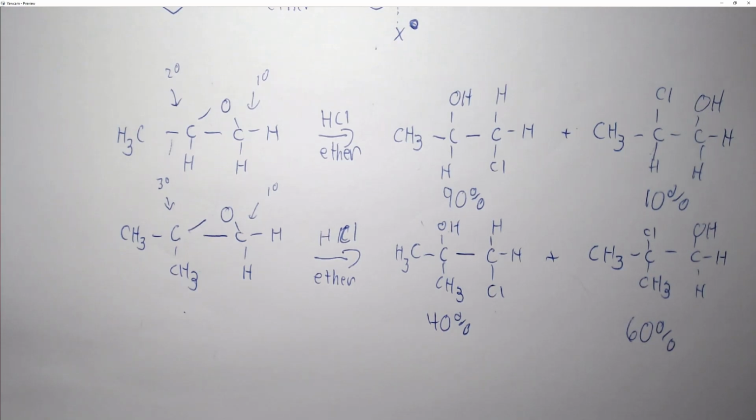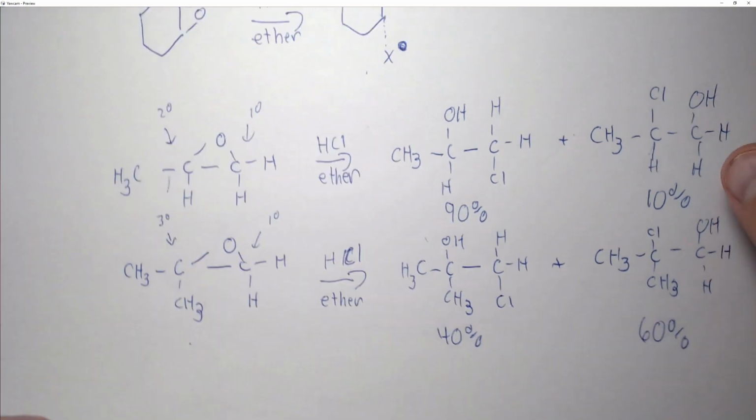And if you combine this with the secondary versus the tertiary example, where none of the product with the OH on the tertiary carbon forms when a secondary carbon is competing, then that one goes through more of an SN1 mechanism. So again, the mechanism is somewhere in between.